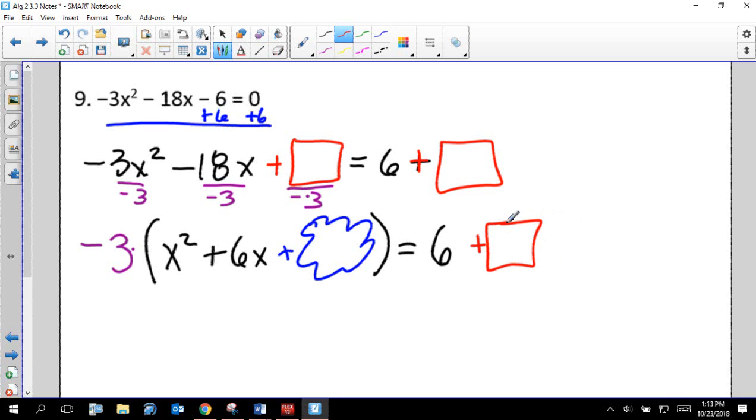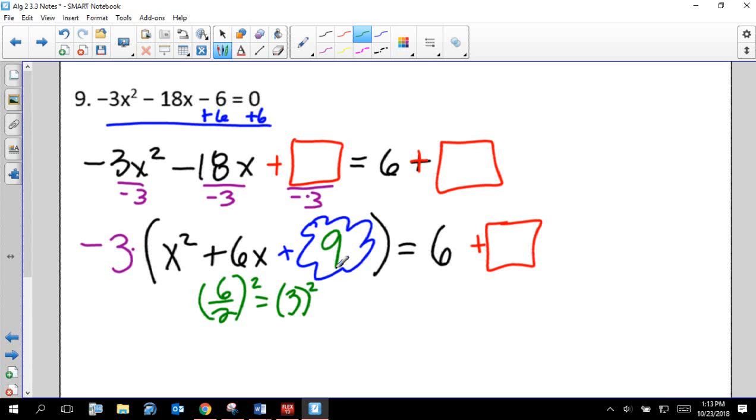So now we figure out what's in the fluffy cloud. We take our b term, divide by 2, square it. So I get 3 squared, which is 9. Is the fluffy cloud the same number as the square? Then I have to remember that somehow that number changes. What did we really add to the left side?